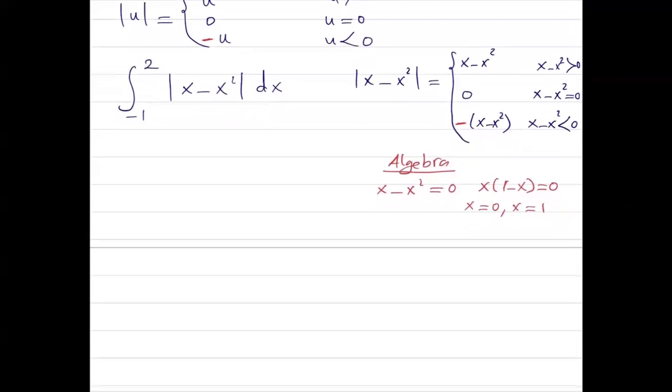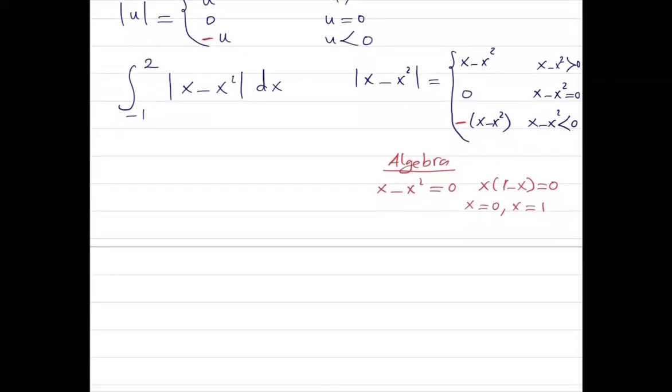We can visualize this, and then we can use the table to check the sign of this quadratic expression. If you look at the graph of x minus x squared, the behavior of the graph is like this. So far we know the graph hits the x-axis at 0 and 1. And since the leading coefficient is -1, it means that the graph opens downward.